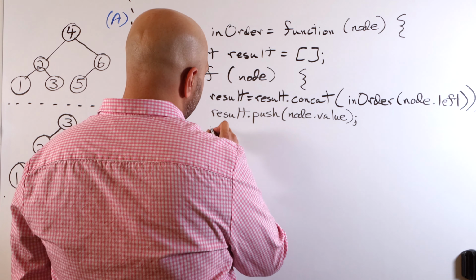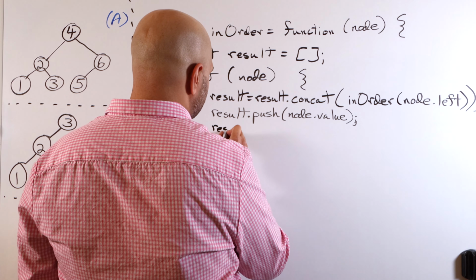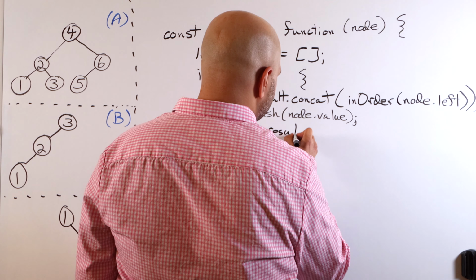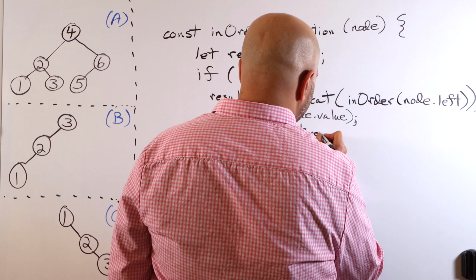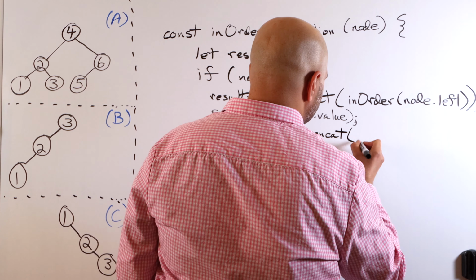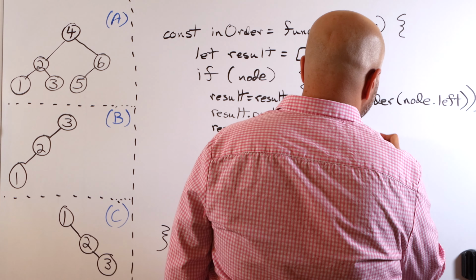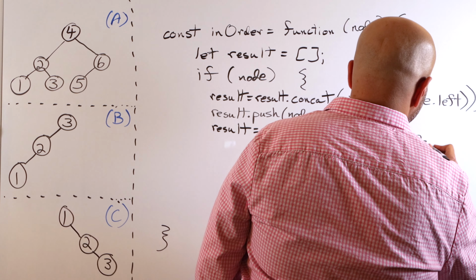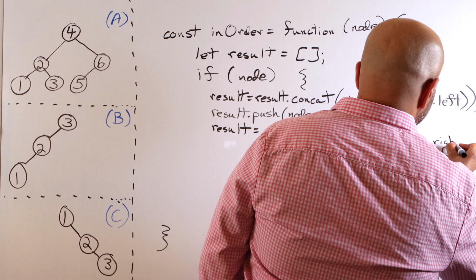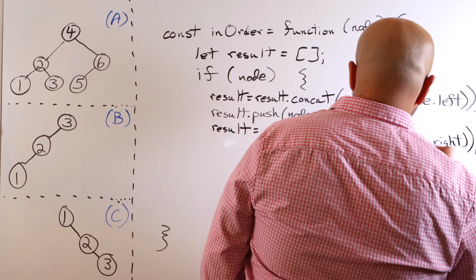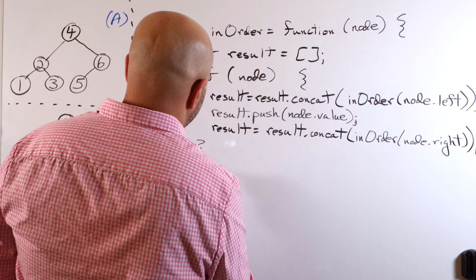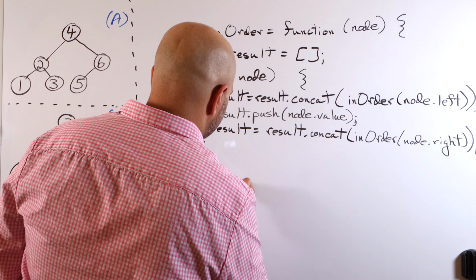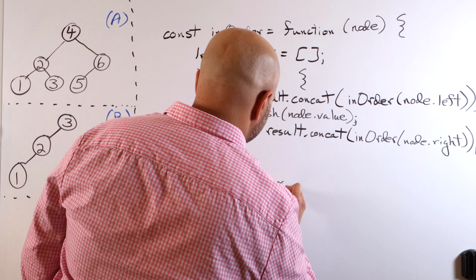Then we'll handle the right side by saying result equals result.concat(inOrder(node.right)). And then finally, outside of our if block, we'll go ahead and just say return result.